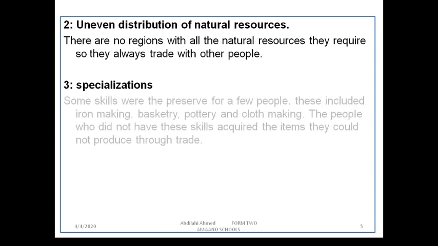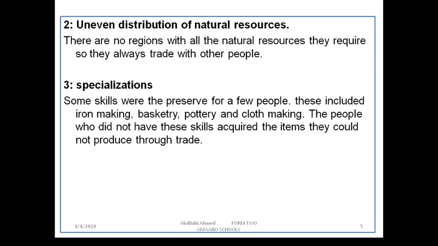Now, some skills were preserved for a few people. Some skills were only known by few people. Preserved means they were the only experts with it. Those include the way to make iron into different items, basketry, the art of making different packages and baskets, pottery, the art of making pots from clay, and the process of weaving and cloth making.